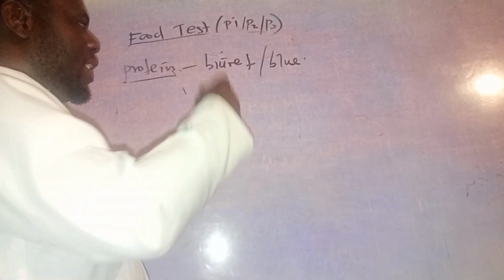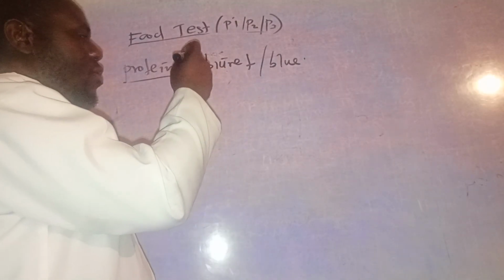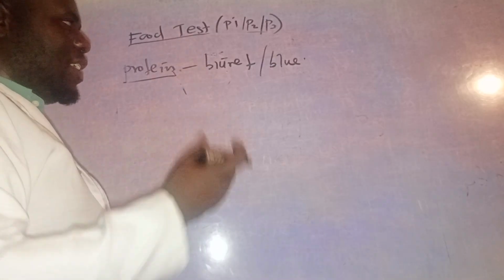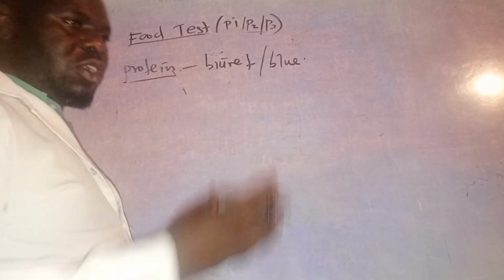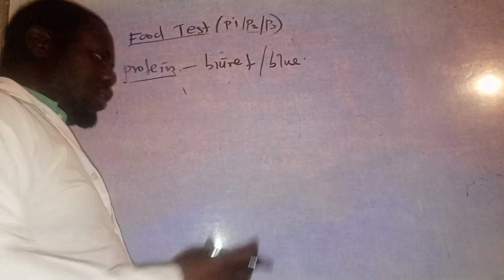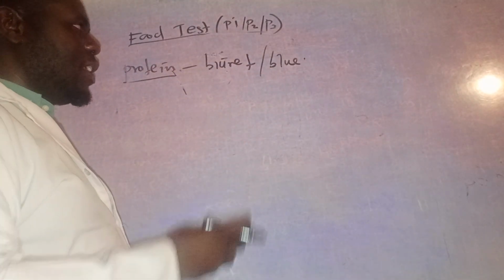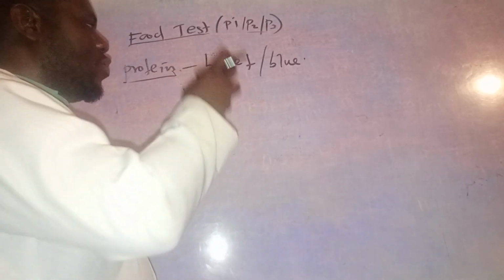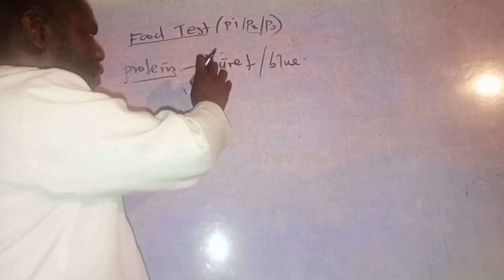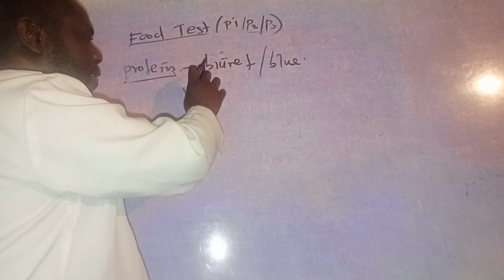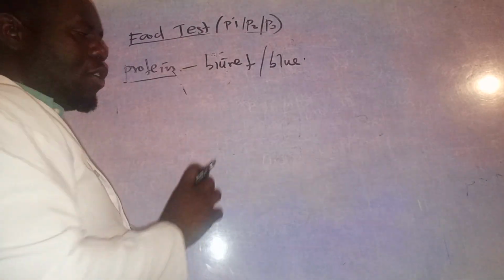How? By taking the sample given and grinding it. After grinding it, you mix it with distilled water. Then you filter it, and after filtering, you get the liquid. Now you test it for protein. So I'm saying that this one requires the sample to be in solution form.